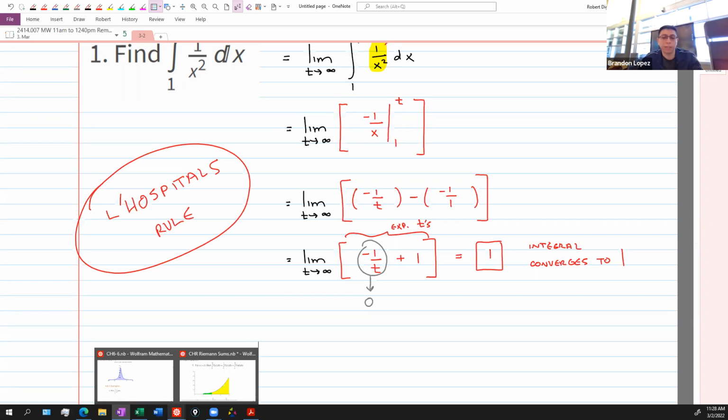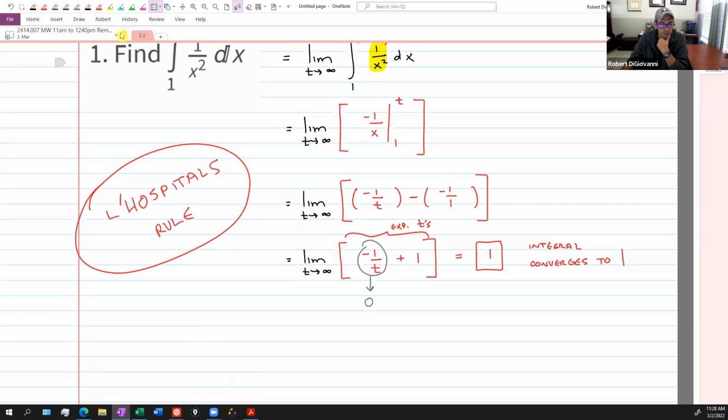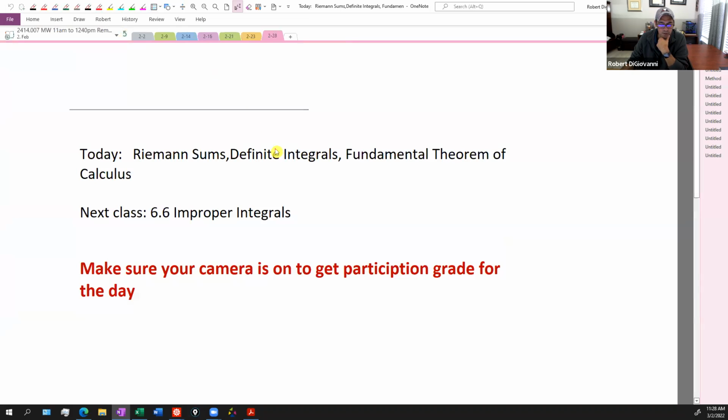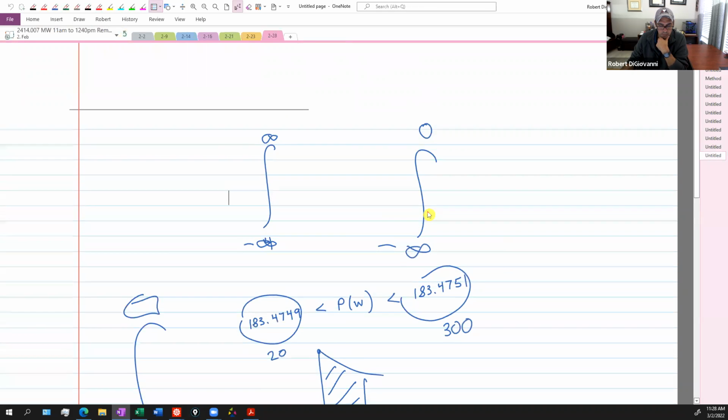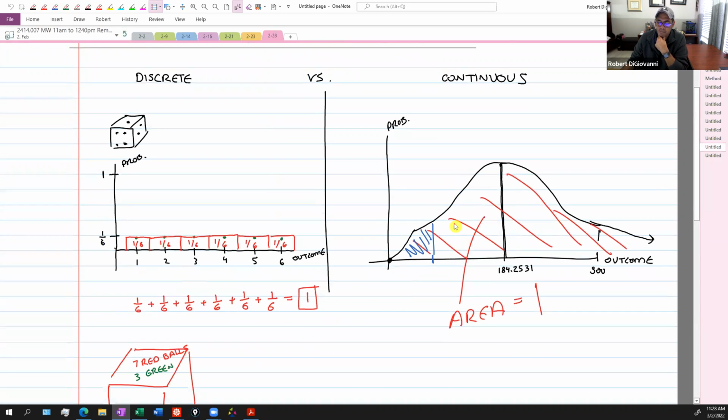Real life example. So remember last time I was talking about probability density functions at the end of class? When you have continuous random variables, like how tall is somebody, or how much does someone weigh?